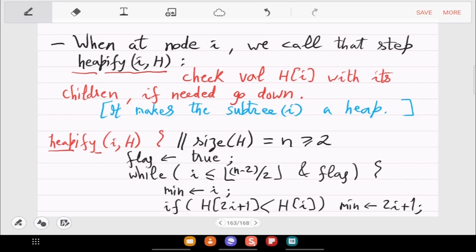So which child is 2i plus 1 of I? Left, right? So you have checked the left child. If it is smaller in value, then you call that the min. But you are yet to check the right child. So now you also check that.